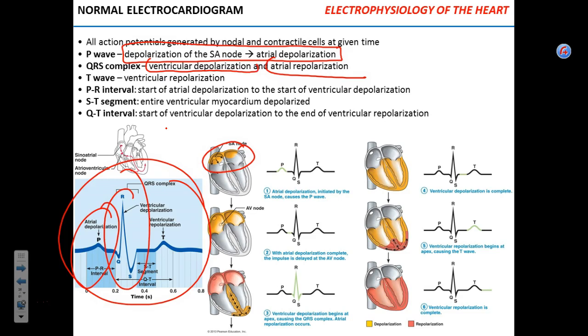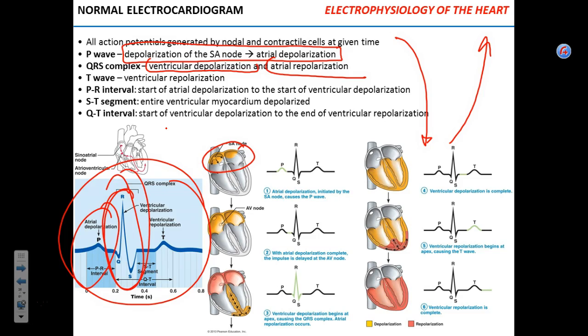Electrical impulses from atria being repolarized and ventricles being depolarized overlap and produce that zigzag, the QRS complex. So far?